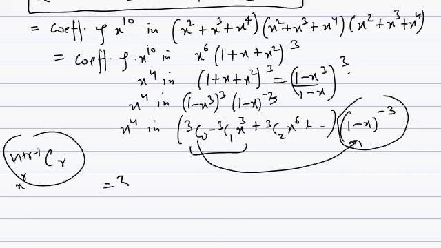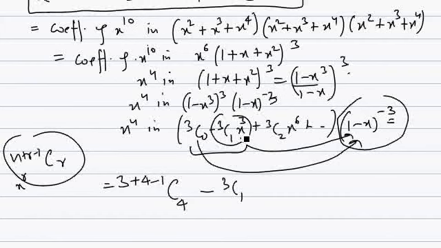So n is 3, r is 4, 6c4. And minus, when you multiply this x cube term with the x term, x cube into x is x to the power 4. So the coefficients we have to multiply are minus 3c1, the coefficient of x cube, and the coefficient of x to the power 1, which is 3 plus 1 minus 1 c1.